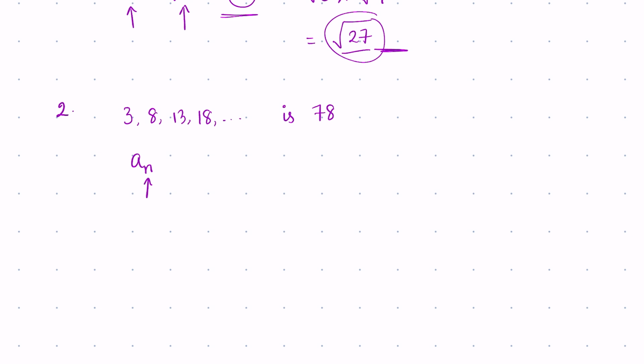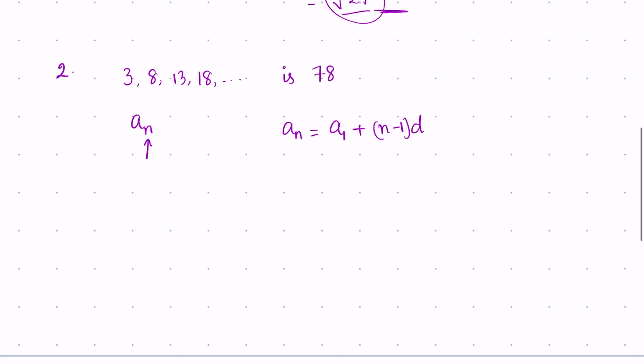If you recall, the formula for AN is just A1 plus n minus 1 times D. Now what are these terms? So this is the first term, which in our case is 3. N we need to find out. D is just a common difference, so that would be this term minus this term, right? And AN is obviously 78, which is given to us.